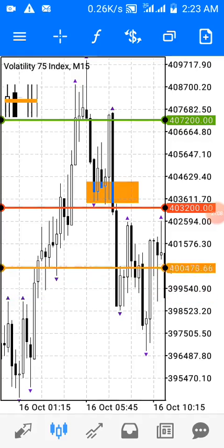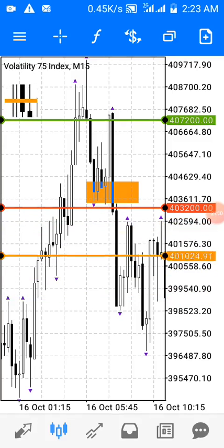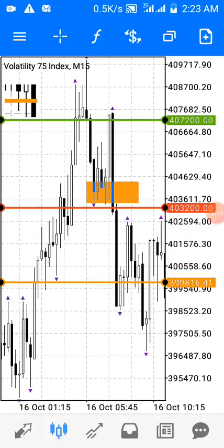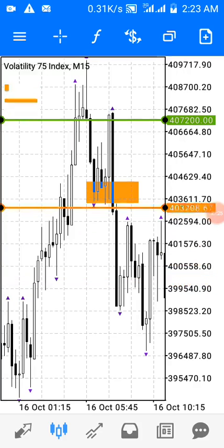Then this trade will be 0.008. Reason being that your hedge trade is 0.003, multiplied by 3, that's 0.009. Your initial trade is 0.001 plus 0.008, that's 0.009. So that will cushion the effect of this hedge trade.